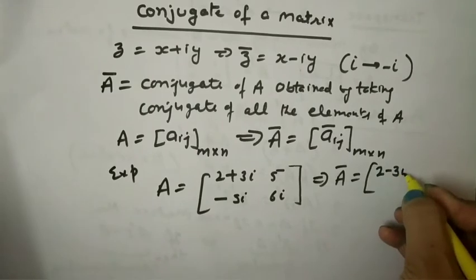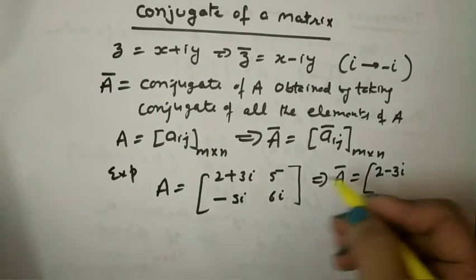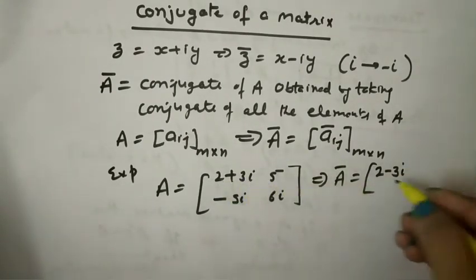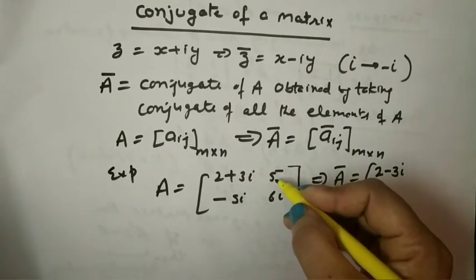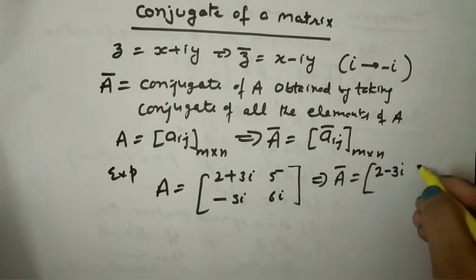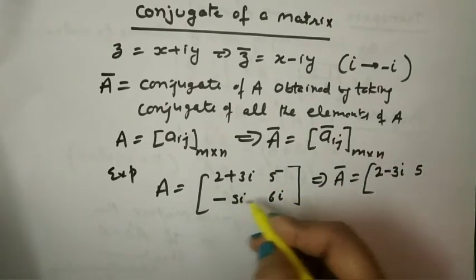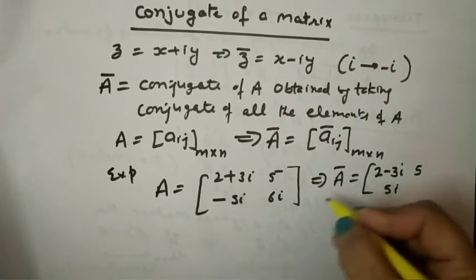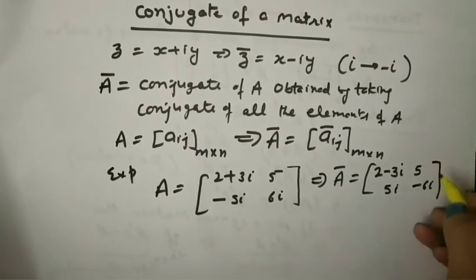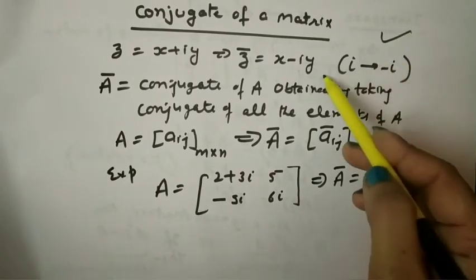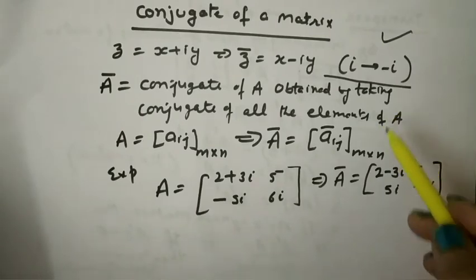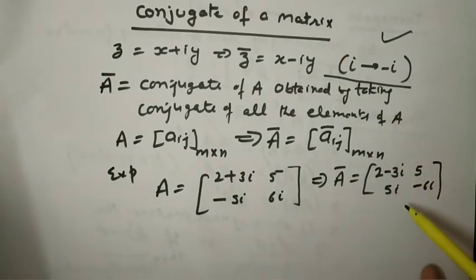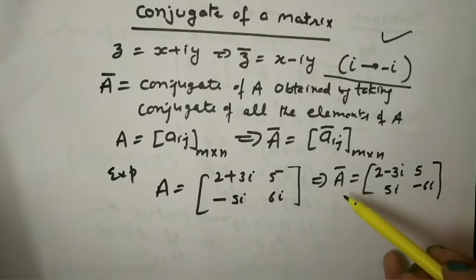Like in the first element, we will write the conjugate of 2 plus 3 iota, that is 2 minus 3 iota. 5 is a real number and there is no complex or imaginary part, so it will remain the same. Similarly, minus 5 iota will become 5 iota and 6 iota will become minus 6 iota. Just you have to see the iota. If iota is present in that number, you have to convert iota to minus iota, and if it is minus iota already, then you have to convert it into plus iota. You have to change the sign of iota to get the conjugate of a matrix.